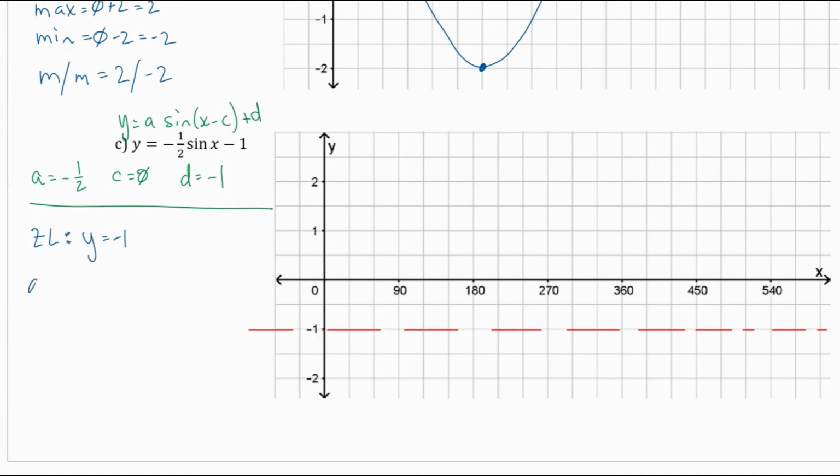The amplitude is not negative a half, it's a half, because amplitude is always positive. Okay, it's a distance, not a direction, because the amplitude goes up and down. So it's always positive. But the negative tells me that I have a reflection.